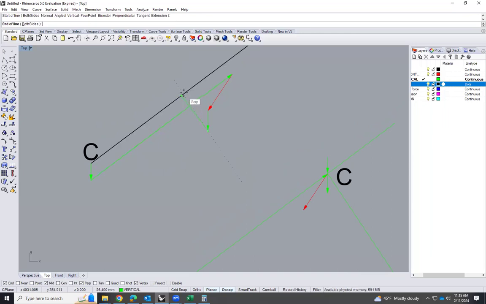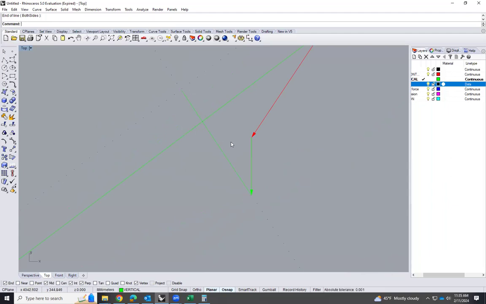So this one has to be this point. So this has to go up, right here. And this one has to go down. So I'm going to make this a different color.